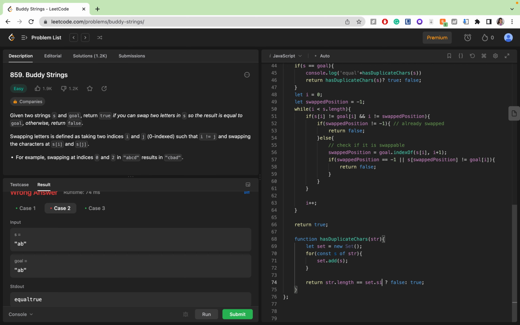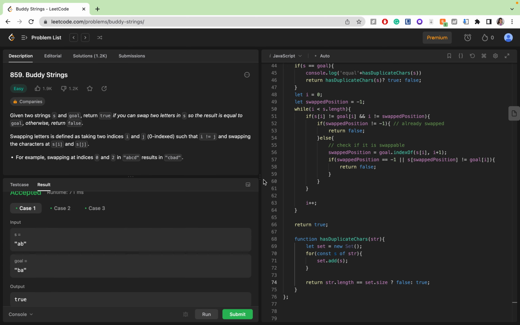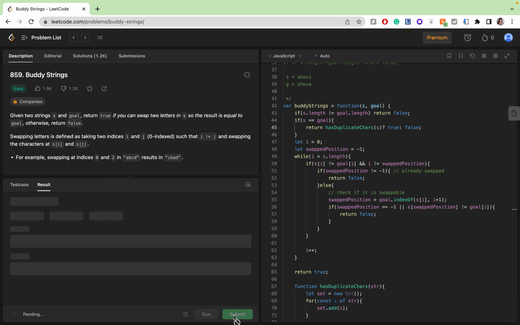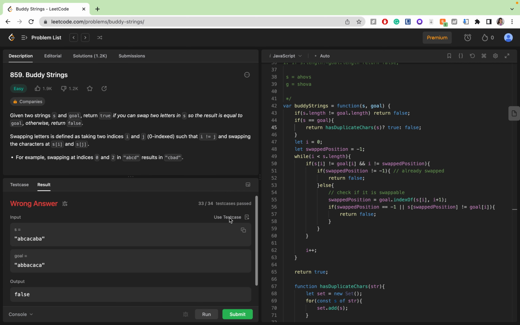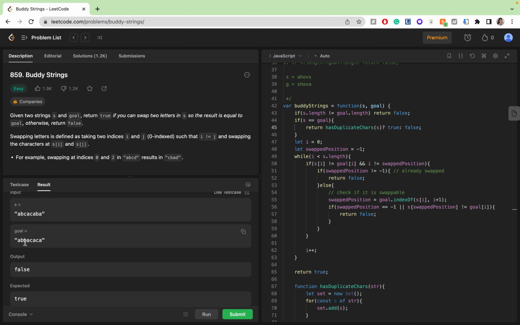Okay, set size, not. One test case has failed. A, B. Expected is false, but output is true. Okay, what's happening?